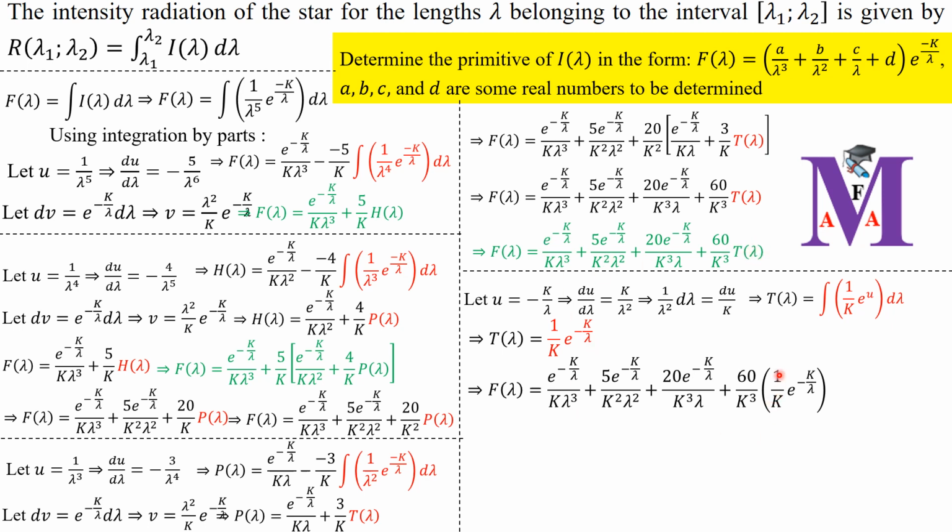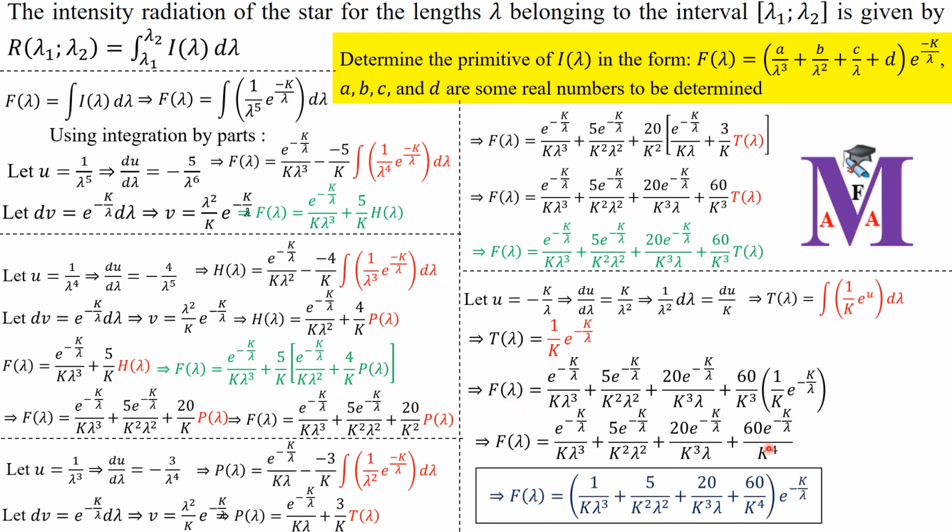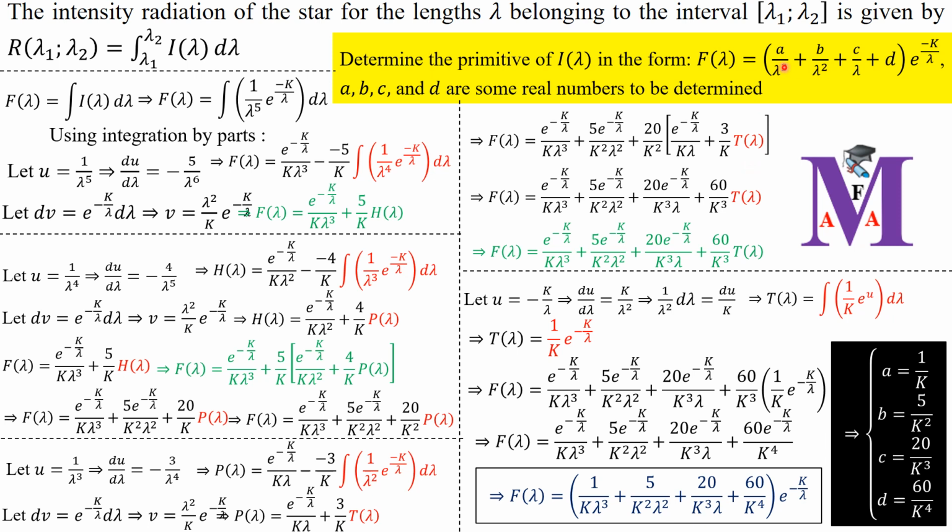So from there we can replace back the t of lambda to get f of lambda. We replace with 1 over k e raised to the power negative k over lambda to get my f of lambda. I simplify, get all of this, and then I factor out e raised to the power negative k over lambda. So I get my f of lambda to be this. If I compare with this, I can get the coefficients.